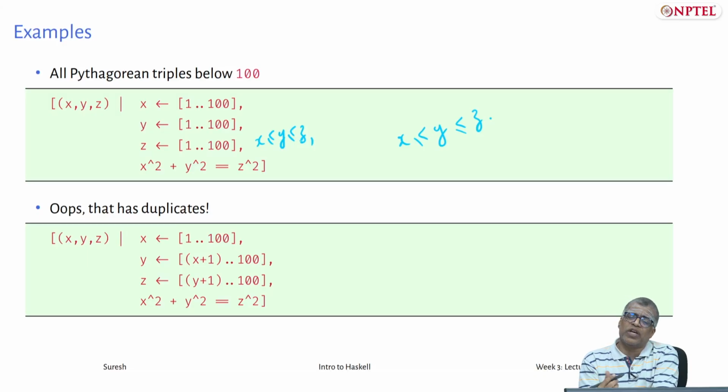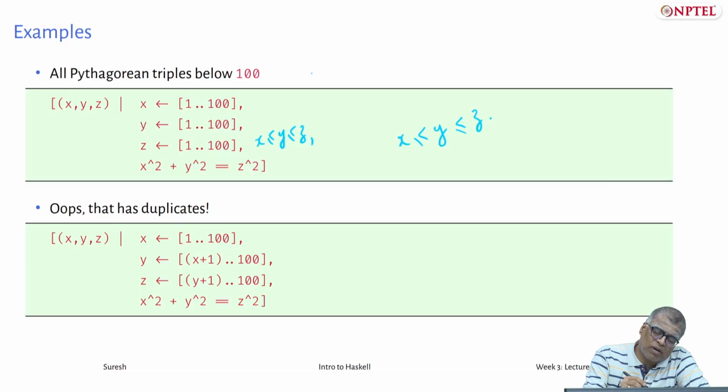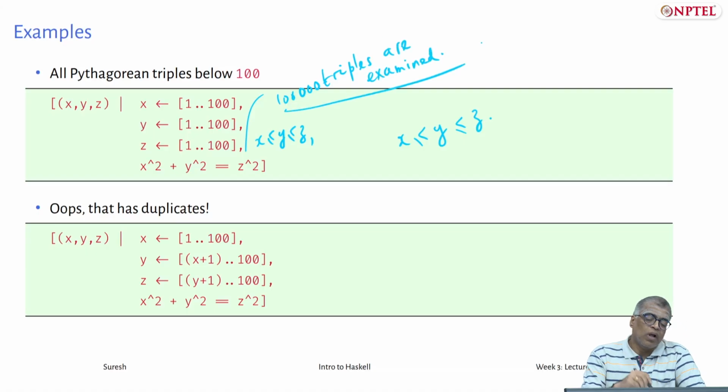But even then, it is wasteful work because you are actually going through 100 into 100 into 100, 100,000 triples. Here you don't do so much, you don't save too much, but you save a little.